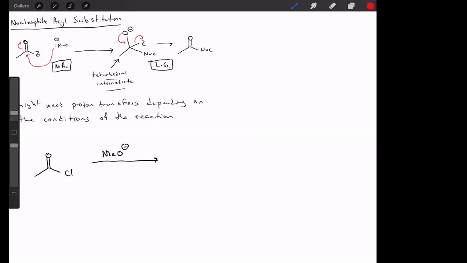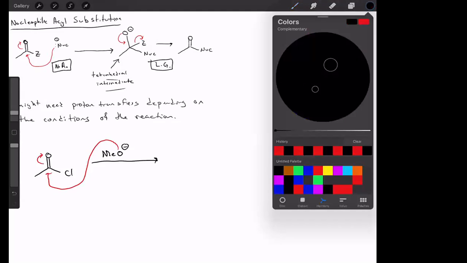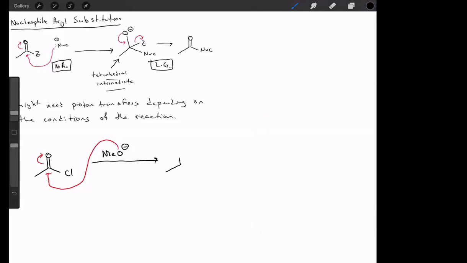then I start out with a negatively charged reagent, in other words, basic conditions, and I form a basic intermediate.